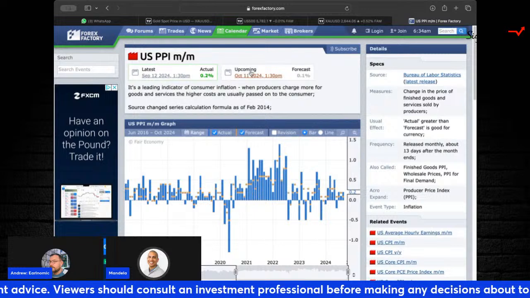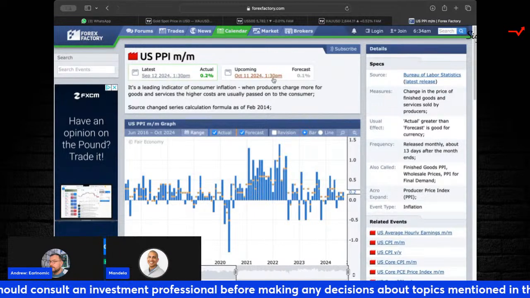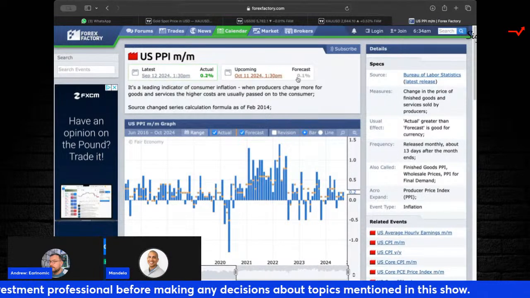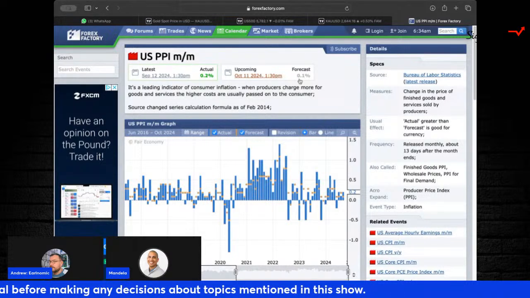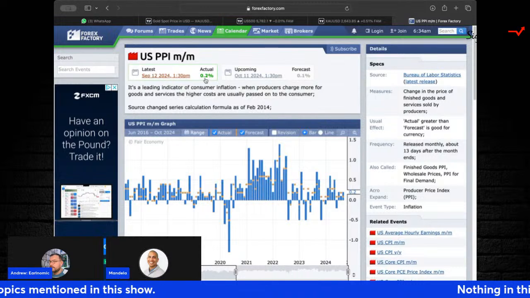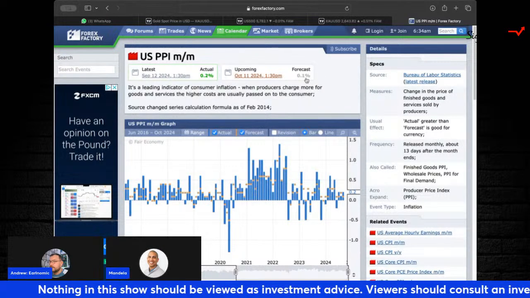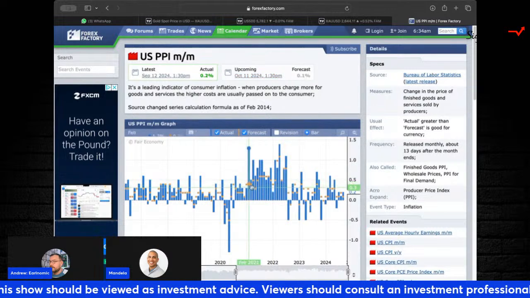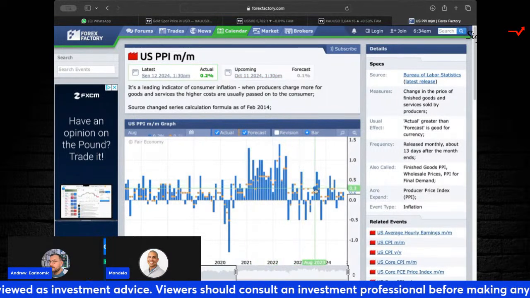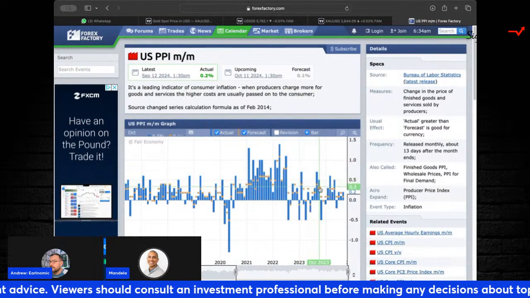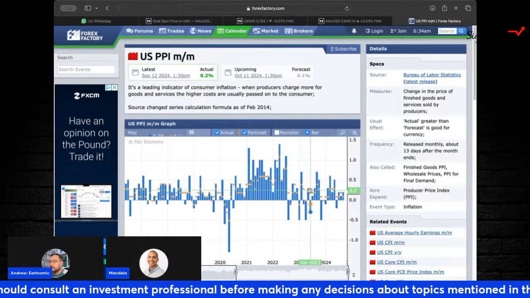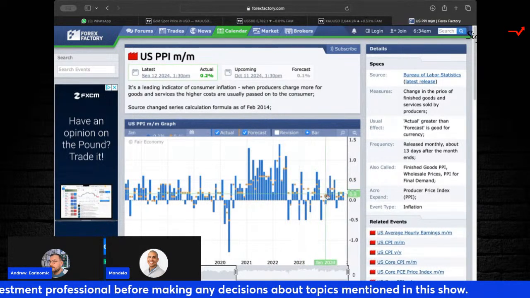So what are we expecting? This afternoon London time at 1:30, we're expecting a 0.1% increase. The previous was 0.2. So 0.1 is the forecast, and we'll have to see if we're higher, lower, or the same. You can see this is a bit spotty here. The blue bars are the actual, the gold lines are the forecast.